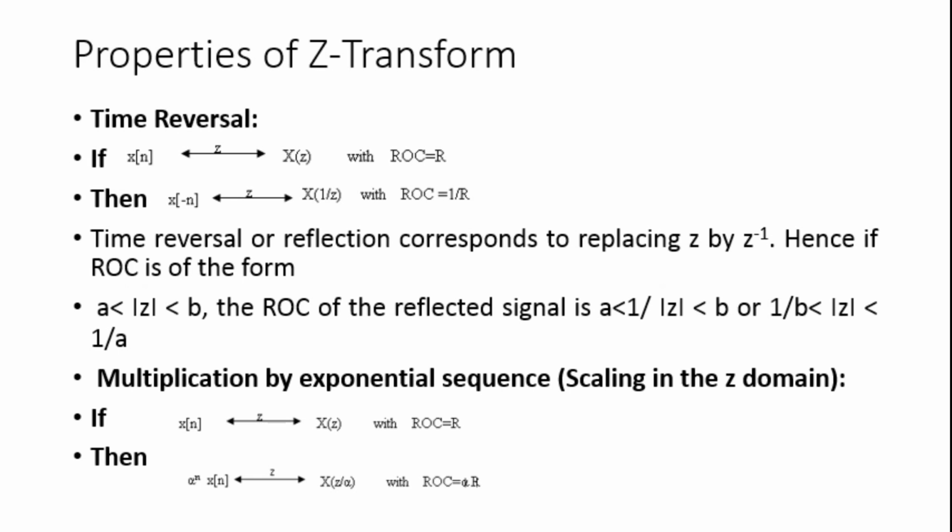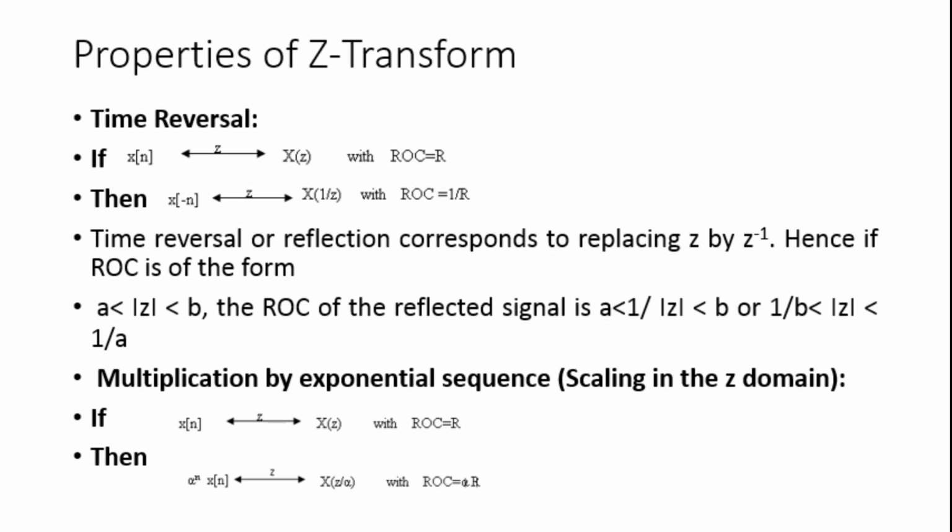Next property is time reversal property. If we take z transform of x of n, we get X of z with ROC equal to R. Then z transform of x of minus n gives X of 1 by z with ROC equal to 1 by R. Time reversal or reflection corresponds to replacing z by z inverse.